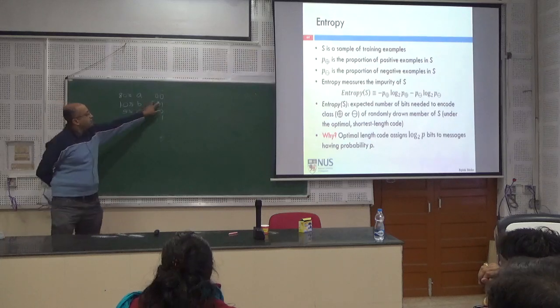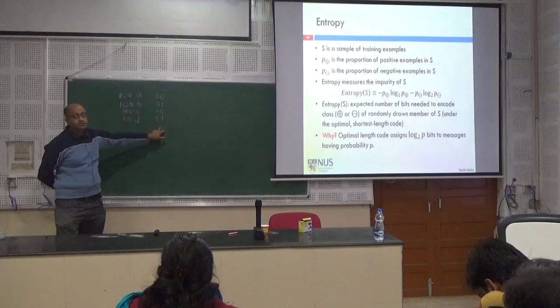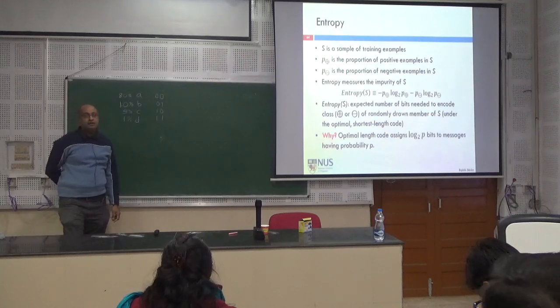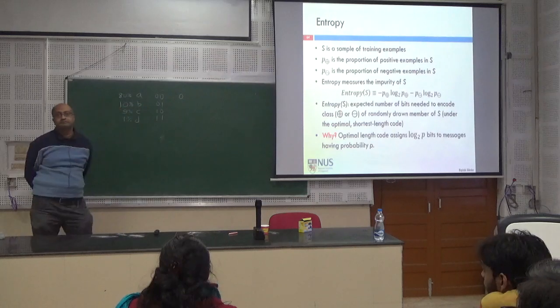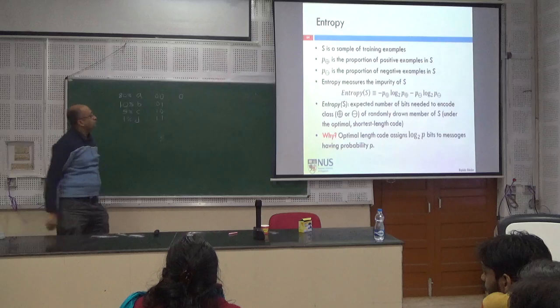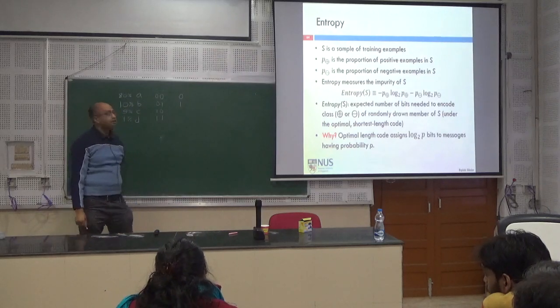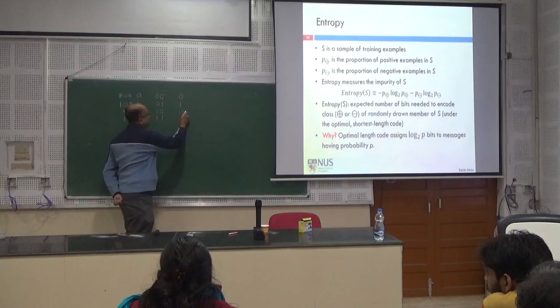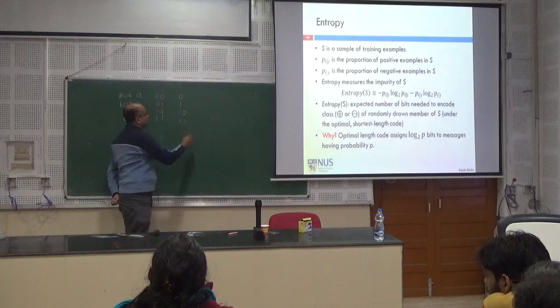So instead of coding, this is my coding. A is 0, 0, B is 0, 1, and so on. Instead what I could do is, I could just represent this by a 0. I could represent this by a 1, maybe. This by a 1, 0. And maybe this by a 1, 1.